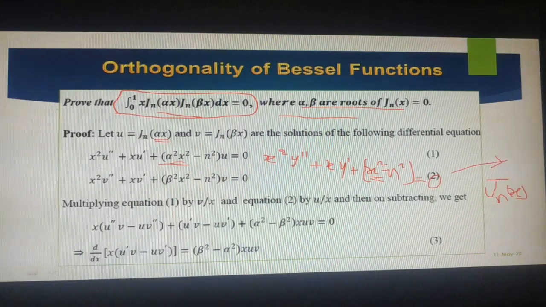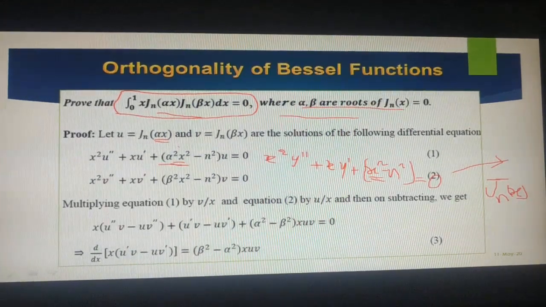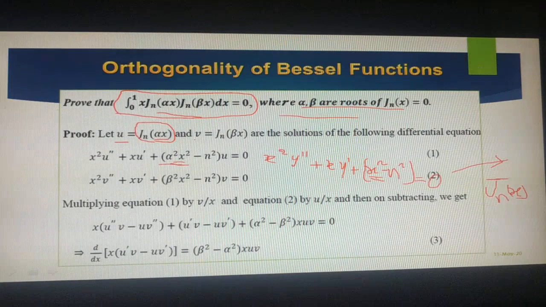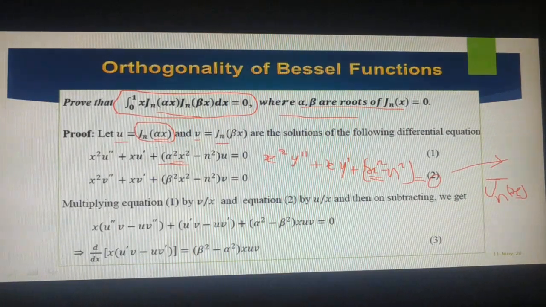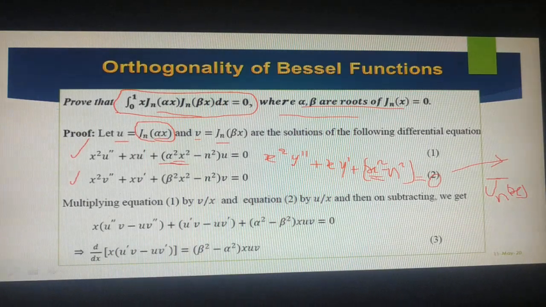Therefore x square u double dash plus x u dash. Why am I taking u and v here? Because these two are solutions for this Bessel equation. So instead of substituting directly, I am just taking their values u and v. First we will substitute u, then later we will substitute v. So this is your Bessel function Jn of alpha x.